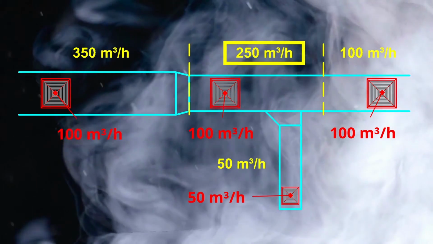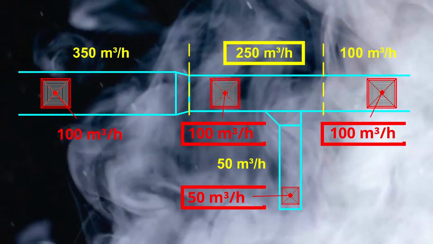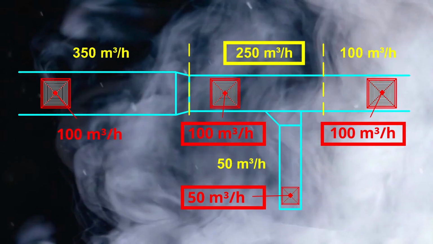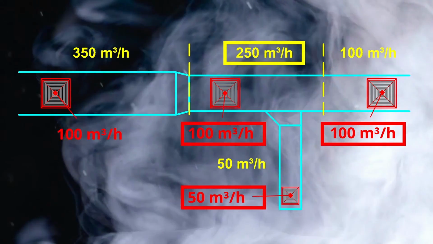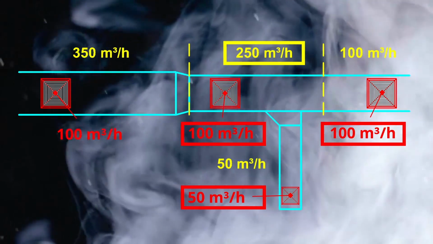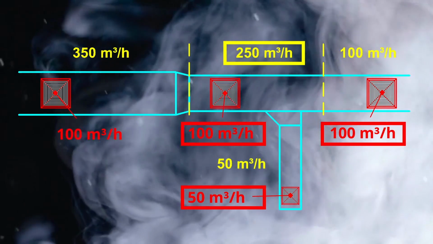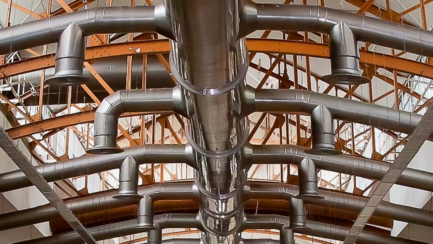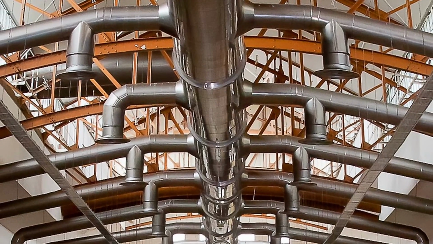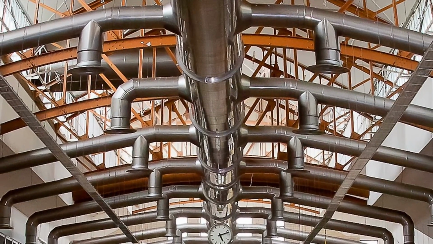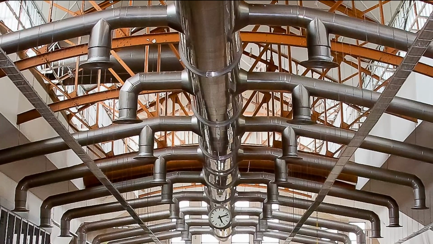The total flow rate in a section will depend on the sum of the specified airflow rates for the terminals connected to that specific section, as well as the subsequent sections. But here's the crucial point. When dealing with air conditioning systems that have many sections and branches, sizing the ducts can become a somewhat more complex task.